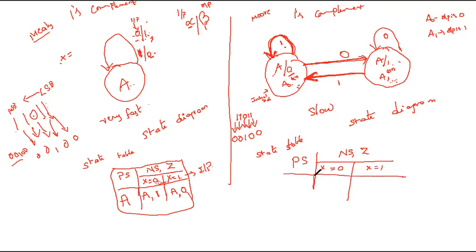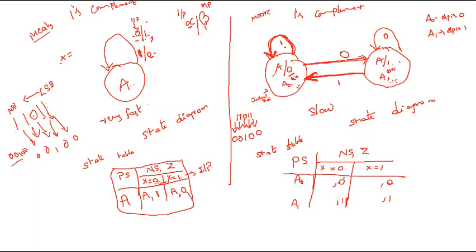Here we have how many states? 2 states, right? A0, A1. For A0, output is always 0. For A1, output is always 1.